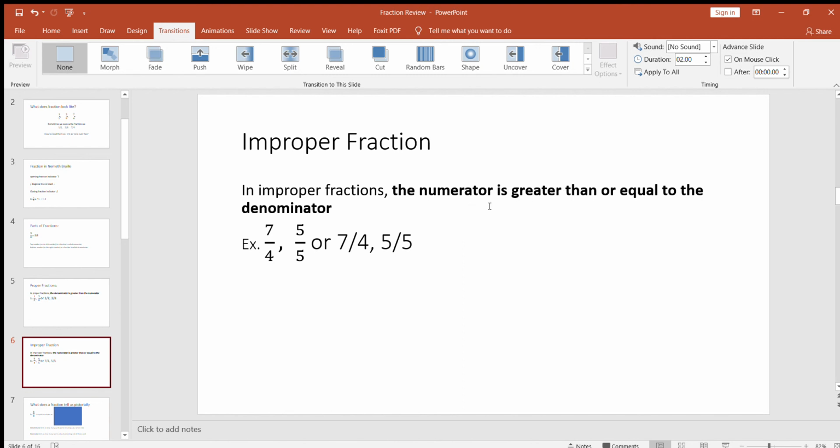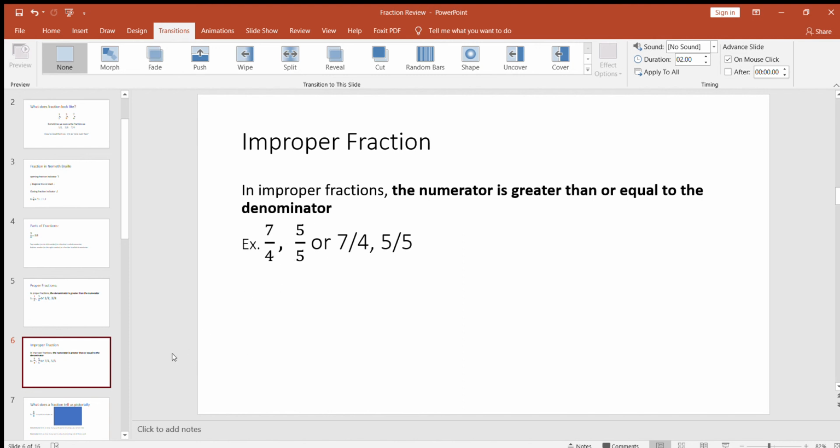The top number is not just bigger than the bottom number, it can also be equal. So an example of that is 7 over 4. 7 is larger than 4. And another example is 5 over 5. 5 is equal to 5, which is the bottom number. So those are called improper fractions. Some of you guys didn't know that.